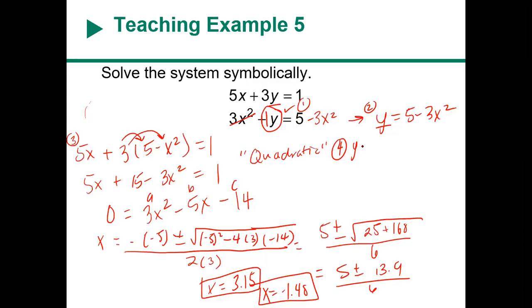So we have y equals 5 minus 3 times 3.15 squared. And we'll have y equals 5 minus 3 times negative 1.48 squared. Plug that into your handy dandy calculator.